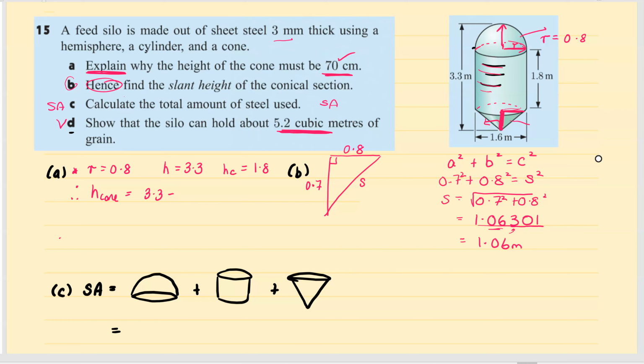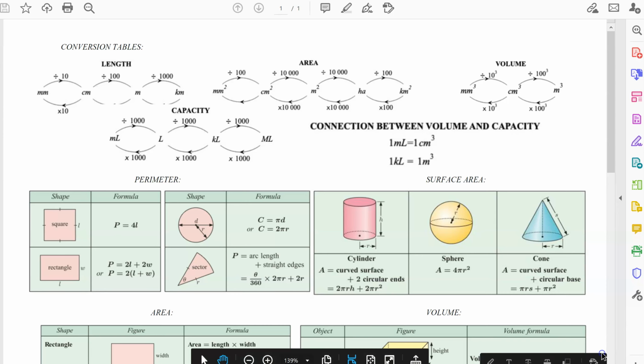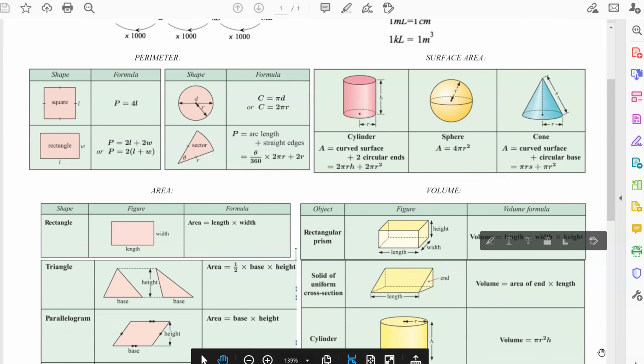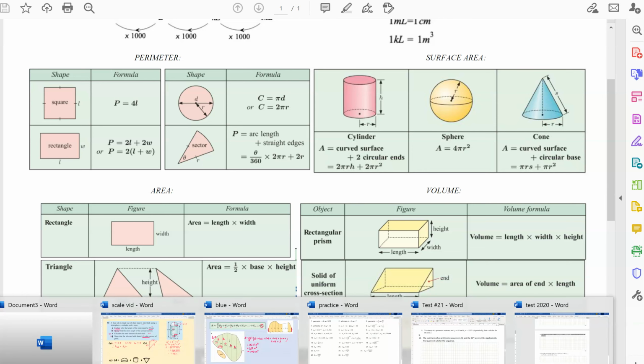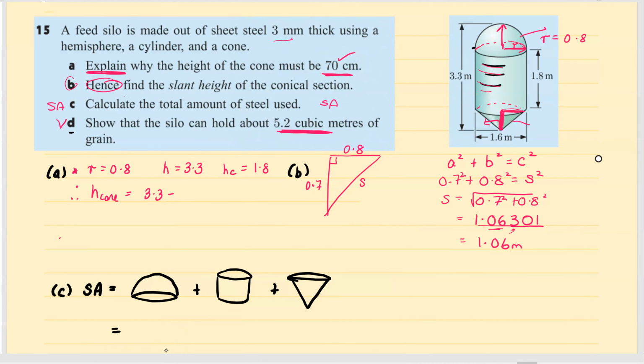What you should immediately do is go to your formula sheet, and you have your formulas there. Okay, now we look and we've got half a sphere. I like to put my little diagram so I can see very clearly what we're doing and put the information that you need. So we look at our formulas, and for the surface area of a sphere, it's 4 pi r squared, but we want half.